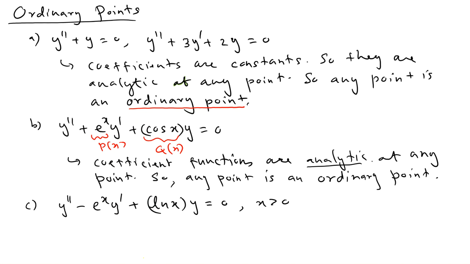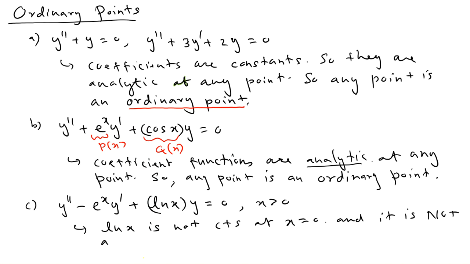So you can say like this: ln x is not continuous at x equals 0, and it is not an analytic point.